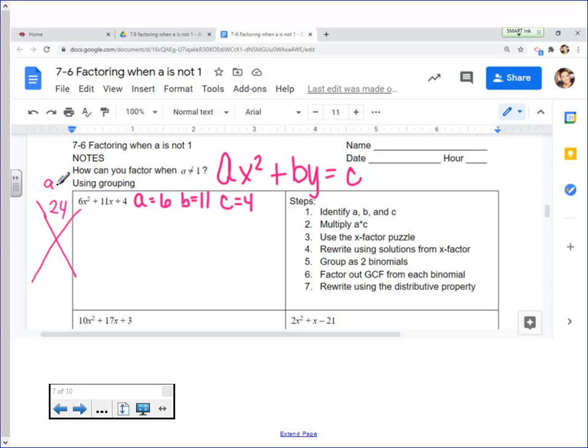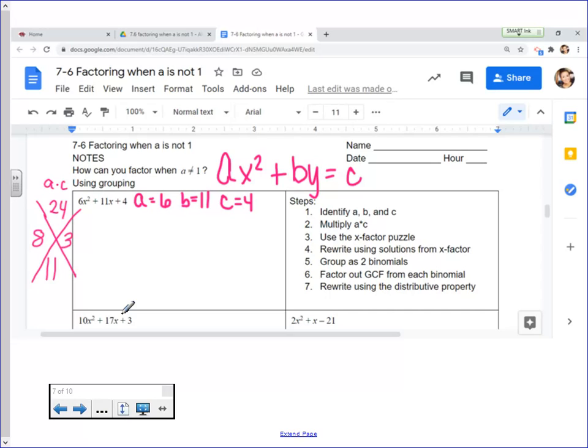You took A times C to do that. The bottom number is still going to be B, so what's our B? We're looking for something that multiplies to give me 24 but adds to give me 11. 8 times 3.